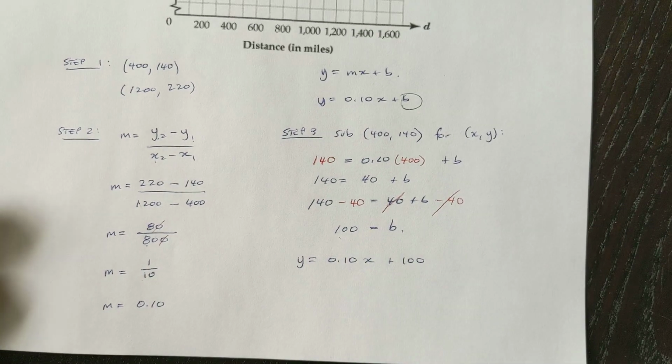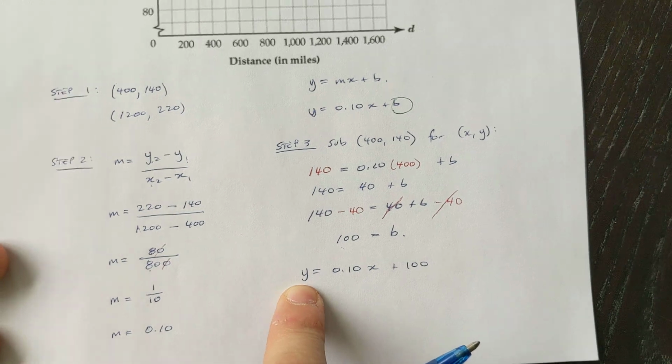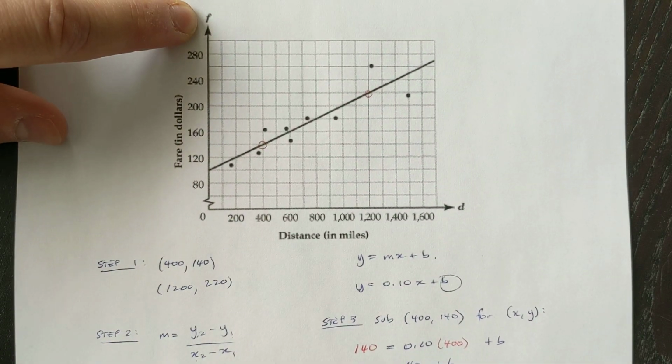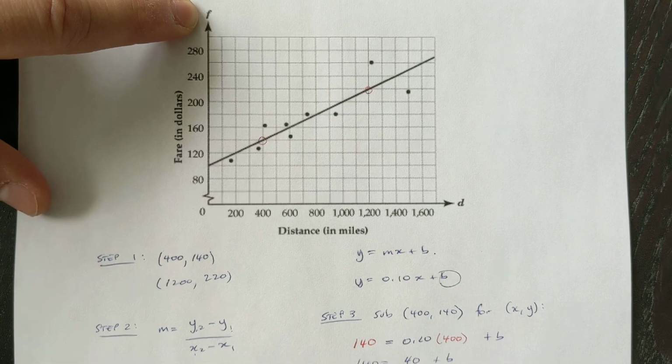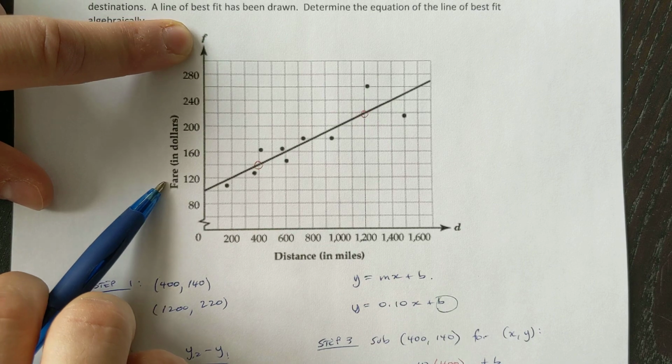Now before I state my final equation, I have to look. The y-axis, or the vertical axis, is given in the question as f. So the y-axis is f because it represents fares.